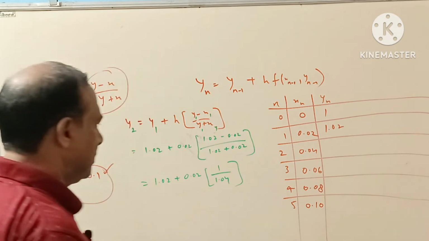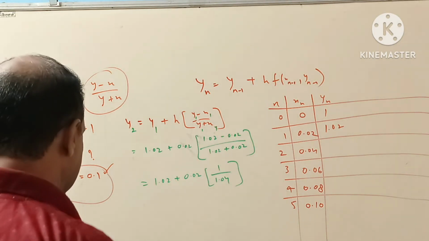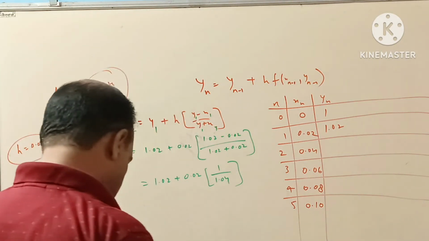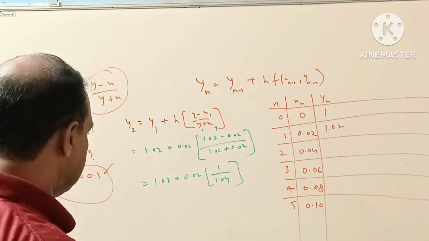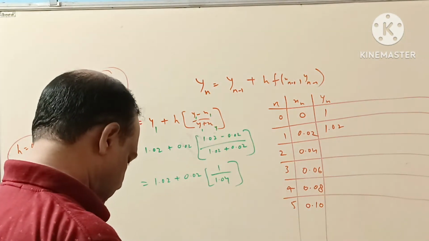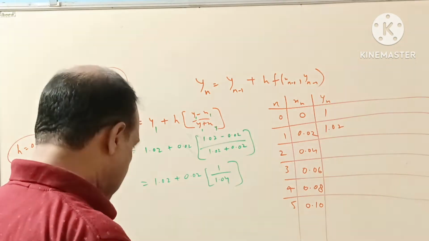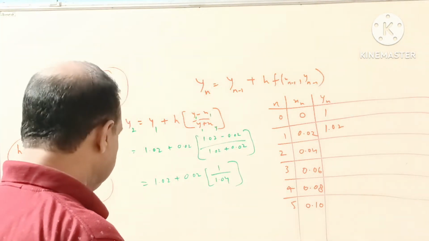Now you can use the GDC with you. Now what you are having here is 0.02 divided by 1.04, and then you just have to add 1.02.